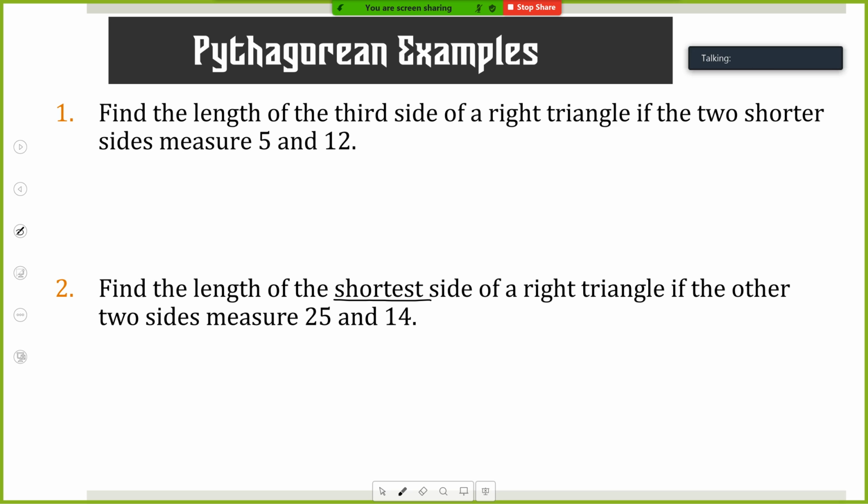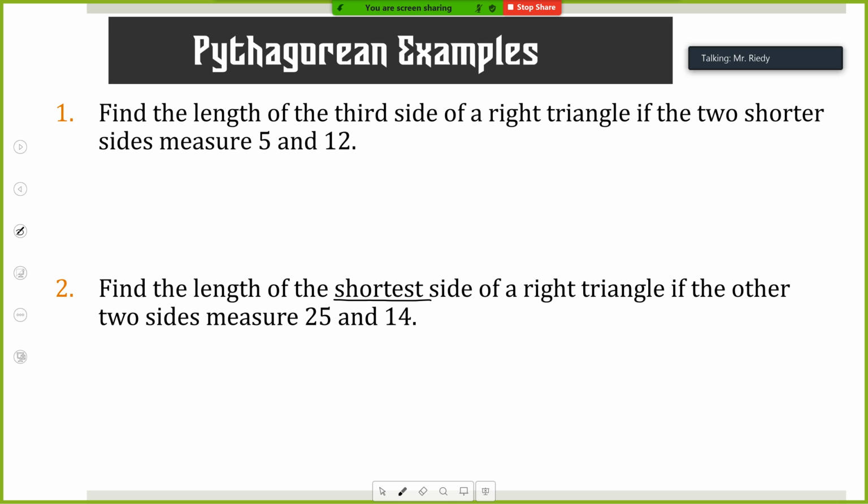So that should tell you how big the hypotenuse is. Don't be bashful about busting out those calculators. Especially on a problem like this. I'm sure some of you don't know what this 14 squared or 25 squared is.